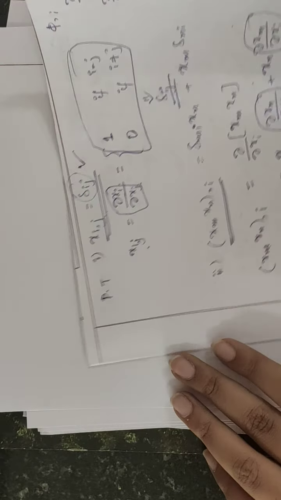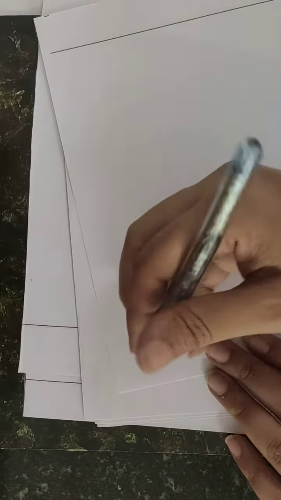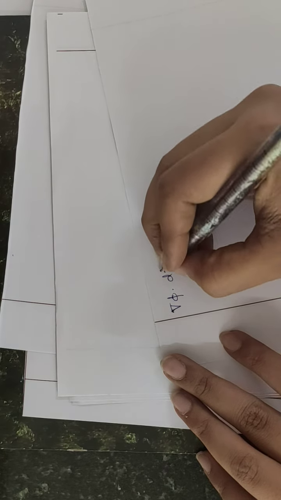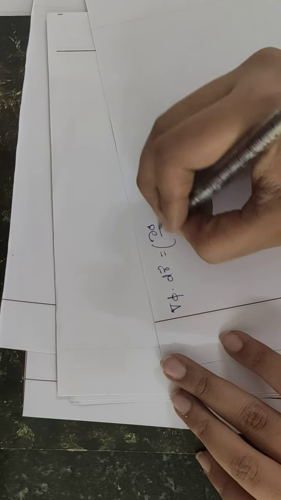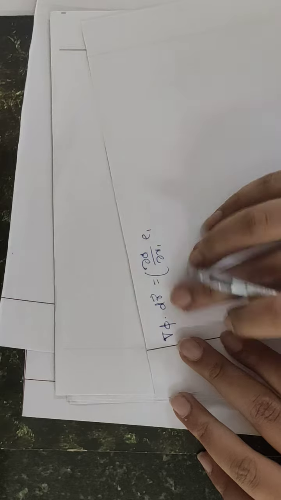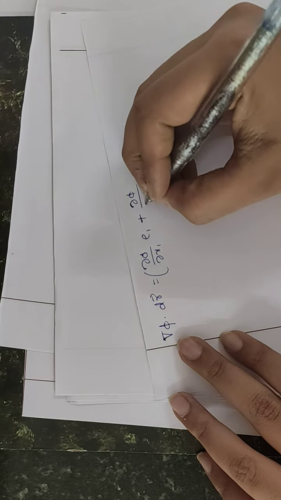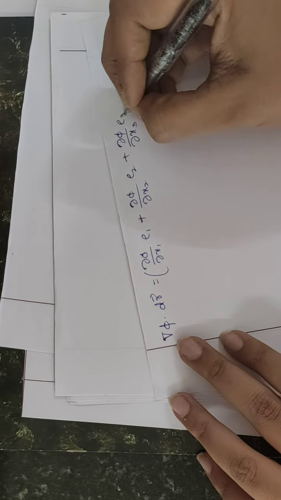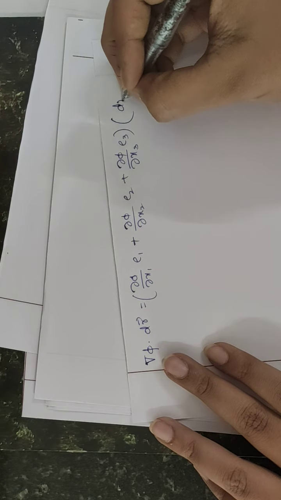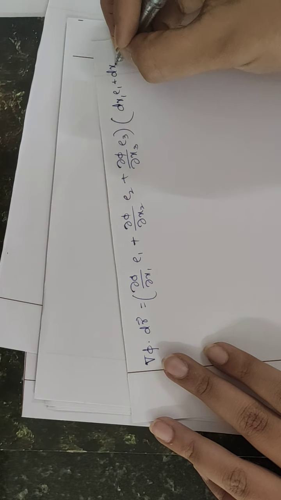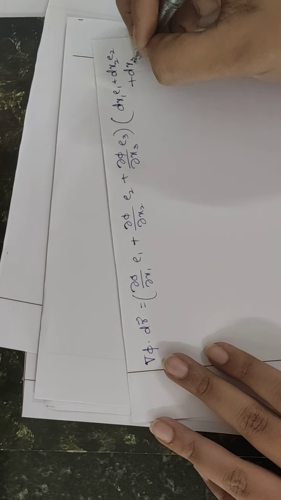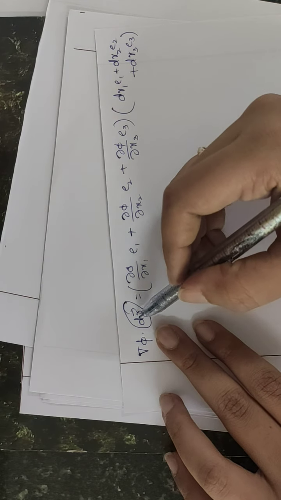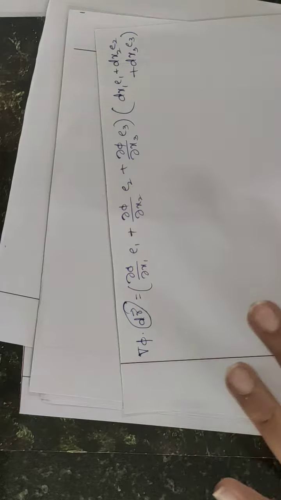So now del phi dot dr will be dou phi by dou x1 e1, this is del phi, plus dou phi by dou x2 into e2 plus dou phi by dou x3 into e3, into dx1 e1 plus dx2 e2 plus dx3 e3. e1, e2, e3 are unit vectors. Okay, since we have derivatives here, I have considered it in derivative form itself.